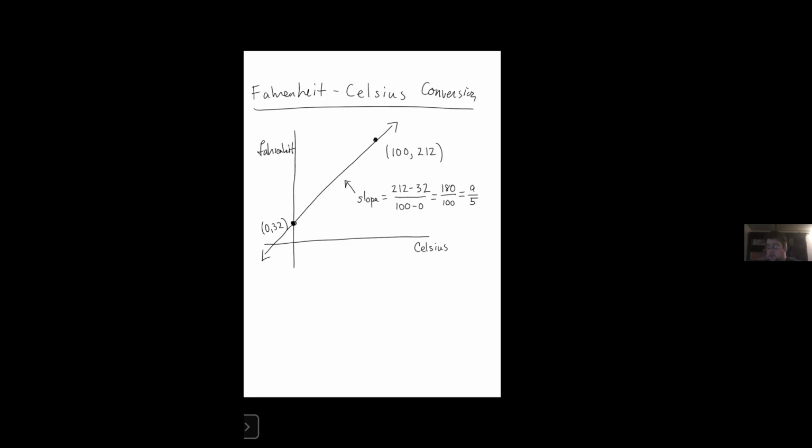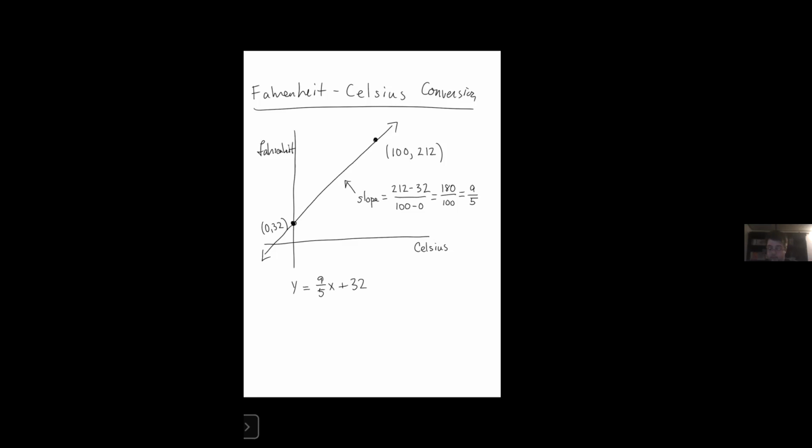So we have the slope of the line, and now we can write the equation. I'll say y equals the slope, 9/5 times x plus the y-intercept, which here is 32.